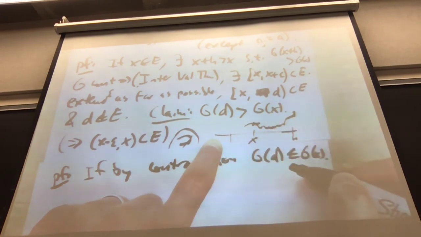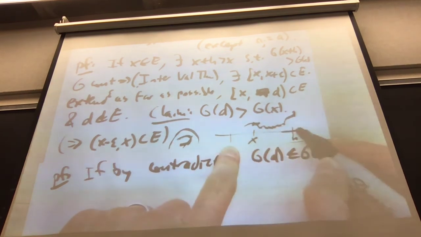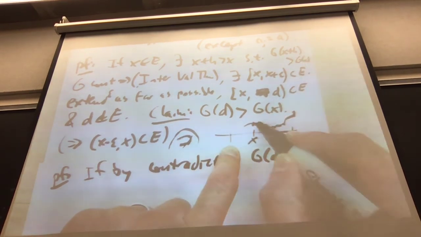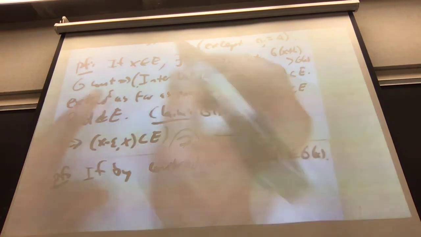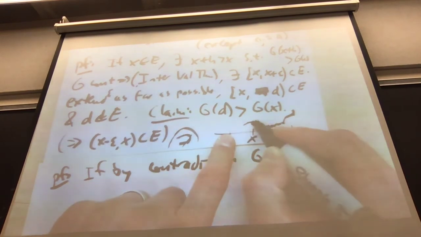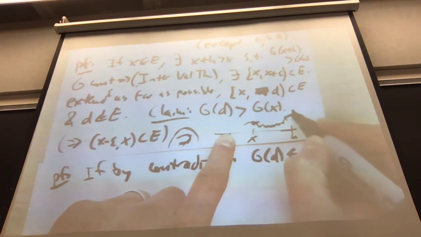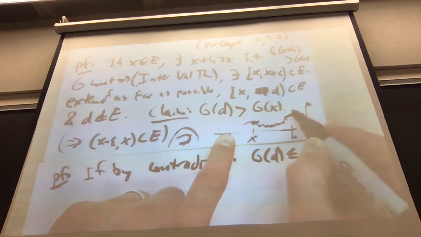Is d like the inf of all h such that? Well, that h could be far in the future. All I know here is that there exists some h, but that doesn't have to be the right h. Let's say this is x. So this could be an h, but this could also be an h, whereas this is the right d.